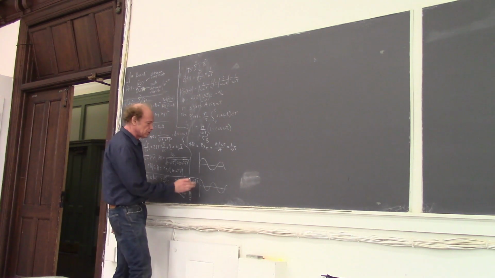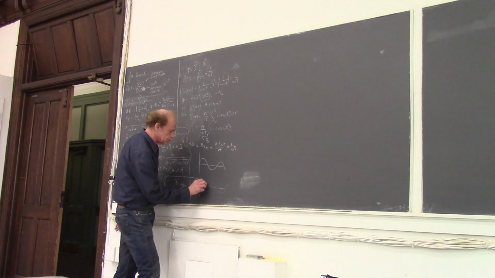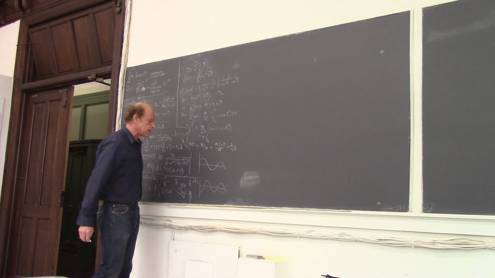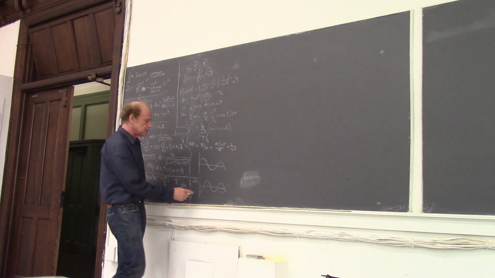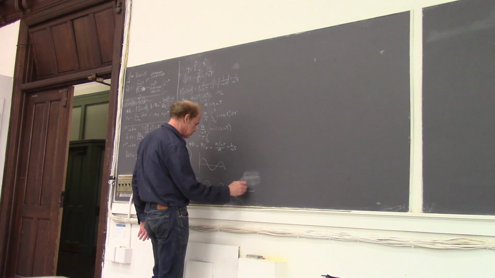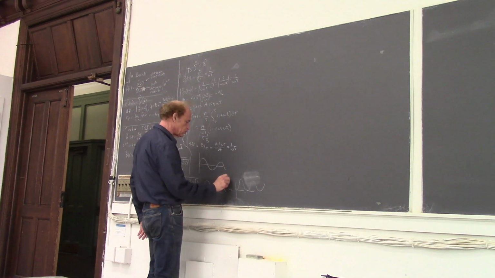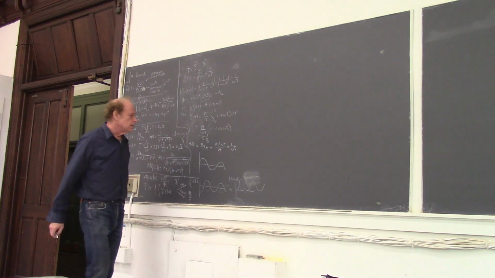Minus the cosine function flips it. So let's do minus cosine. And when I add 1 to it, it just comes up, and this looks like this. This is 1 minus cosine omega t.